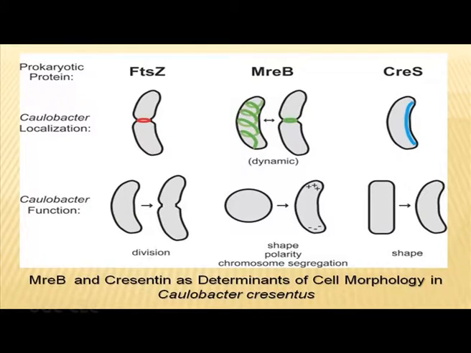Now, as we are discussing the proteins for determining cell morphology, some more interesting facts come with the next bacterium of choice, that is Caulobacter crescentus.